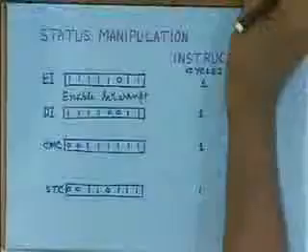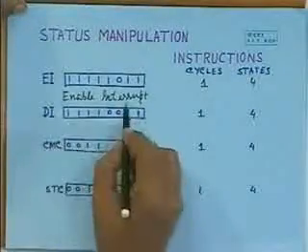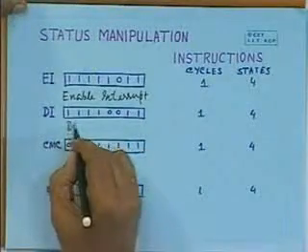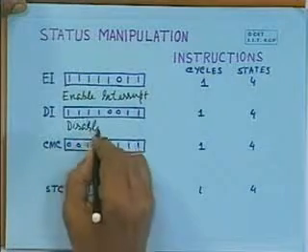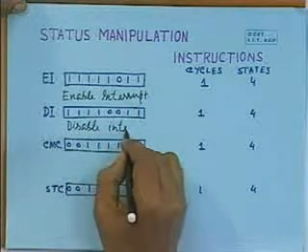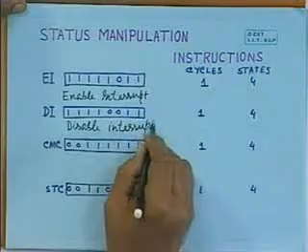So we can say that by executing enable interrupt and disable interrupt instructions, the flip-flop which is part of that interrupt structure is modified. What is the outcome of this? Whenever a flip-flop is modified, obviously nothing happens at this moment.